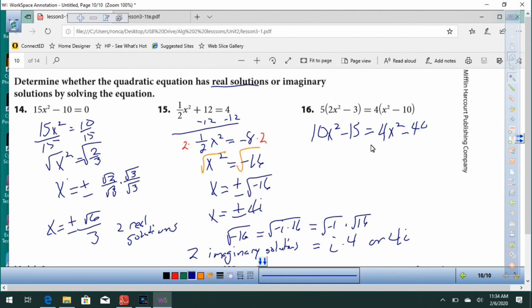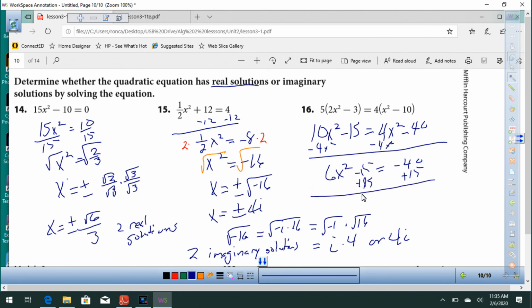If we subtract 4x squared from both sides, that's going to give us 6x squared minus 15 equals negative 40. We're going to add 15 to both sides. And that's going to give us, wait for it, 6x squared equals negative 25.